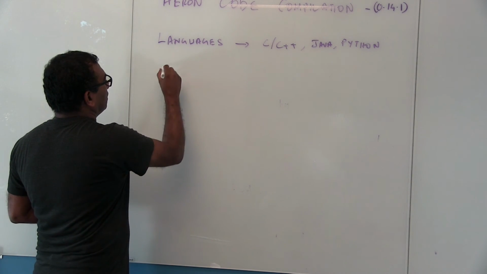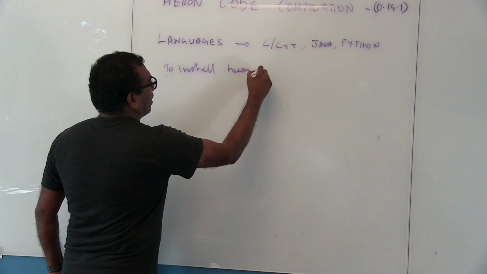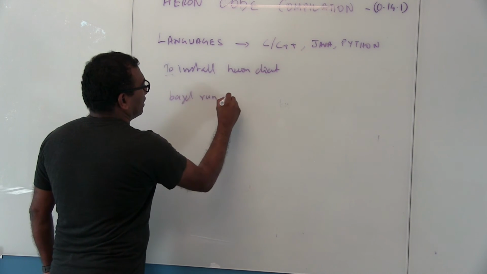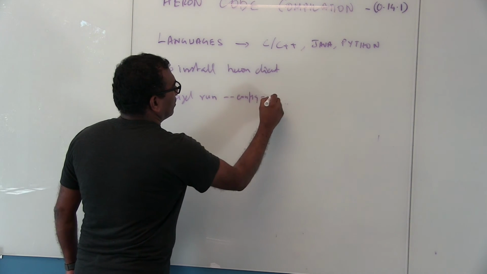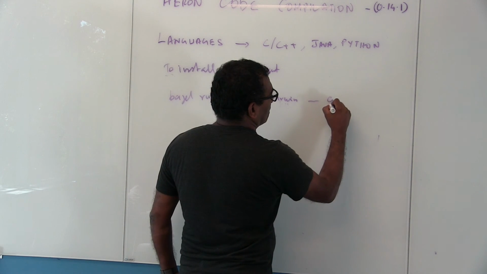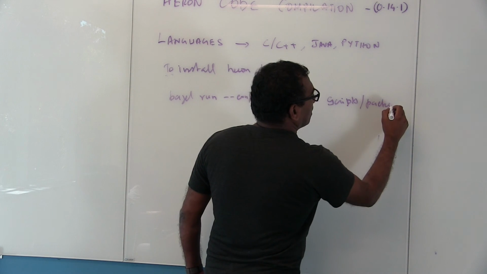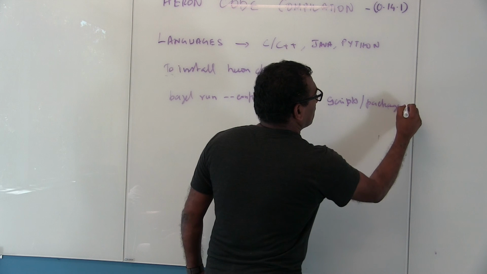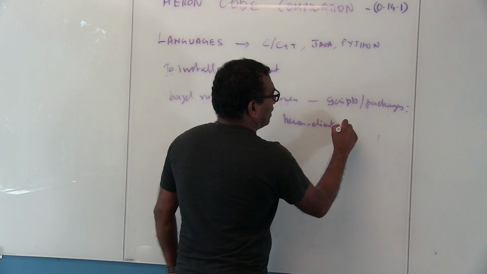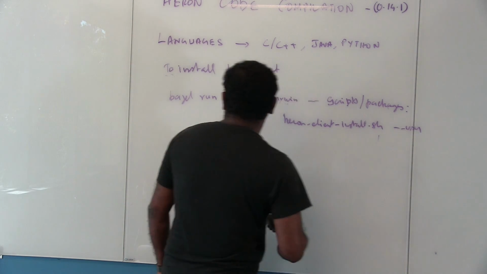To install the Heron client package, do bazel run --config=darwin, another 2 dashes, scripts/packages:heron-client-install.sh --user.